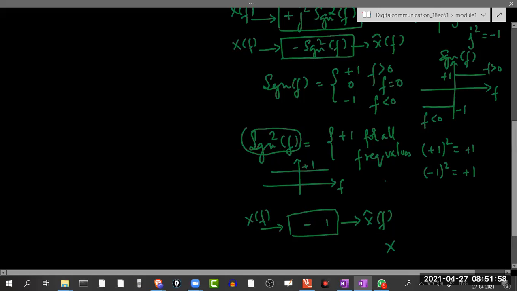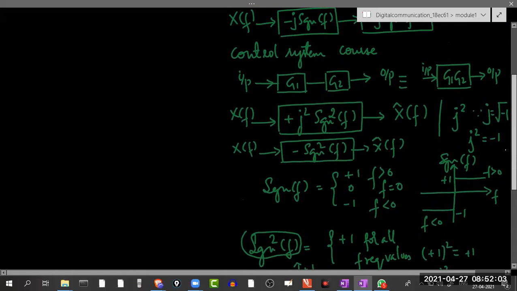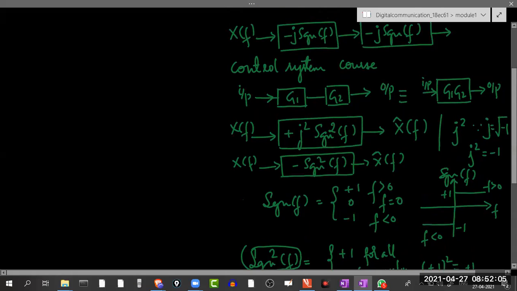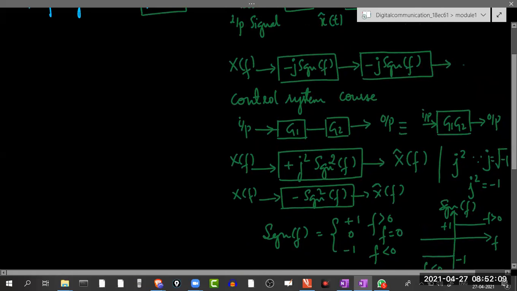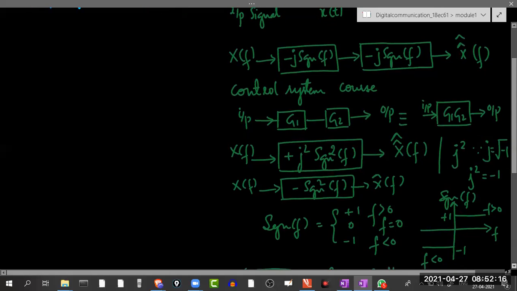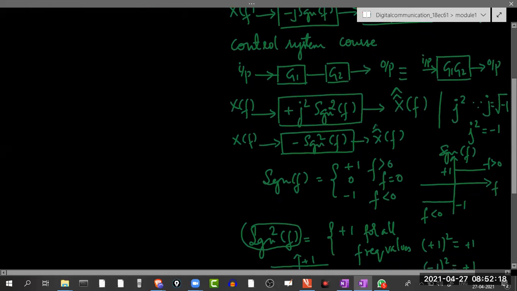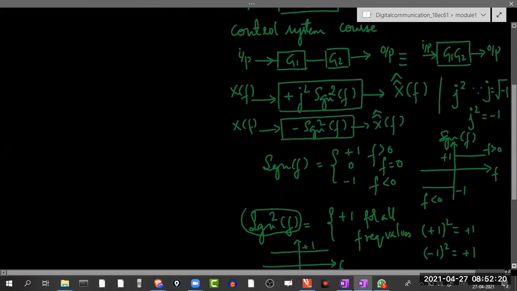So it's not just a single X cap. Wait a minute. Because I have combined these two, here it's X double cap of f, with one more cap that I had left.